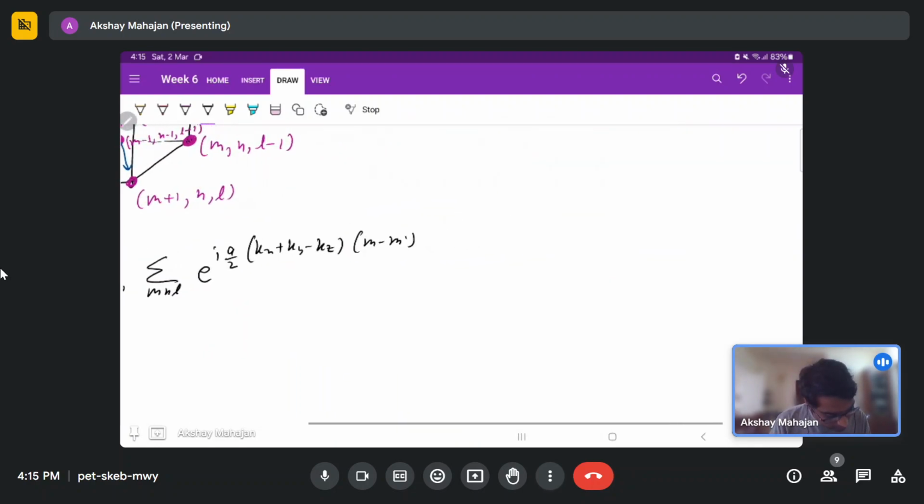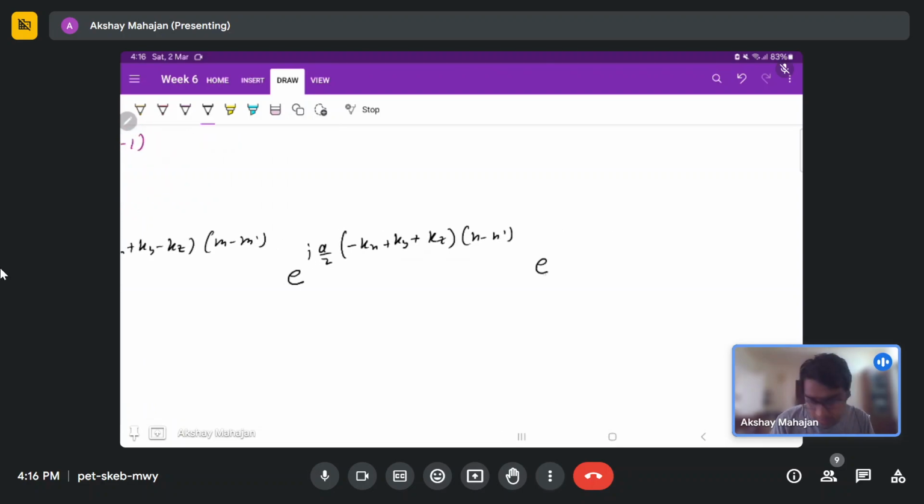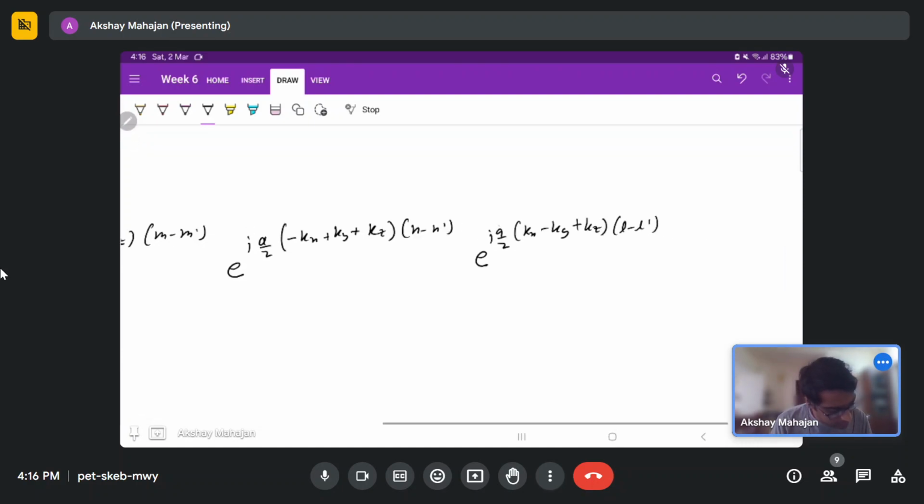Then I will also have e to the power iota a by 2 minus kx plus ky plus kz times n minus n prime, and then you will have e to the power iota a by 2 kx minus ky plus kz times l minus l prime.